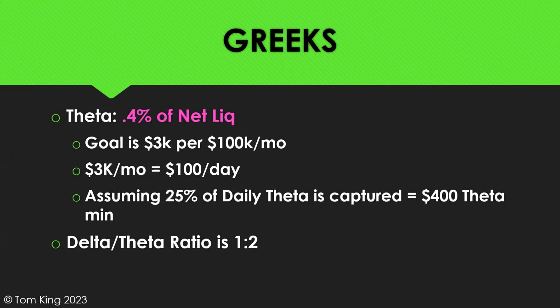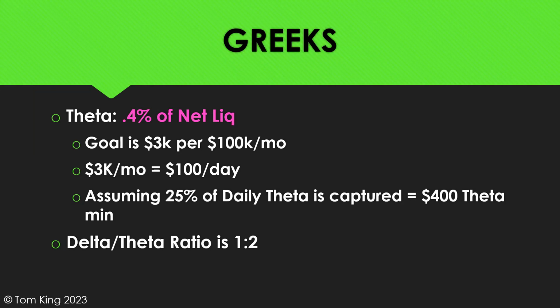So if I need to collect $100 a day, that means I need to have $400 of Theta a day. If I only collect 25% of that on average, that's going to give me my $100 a day, my $3,000 a month, my 3% per $100,000 account.